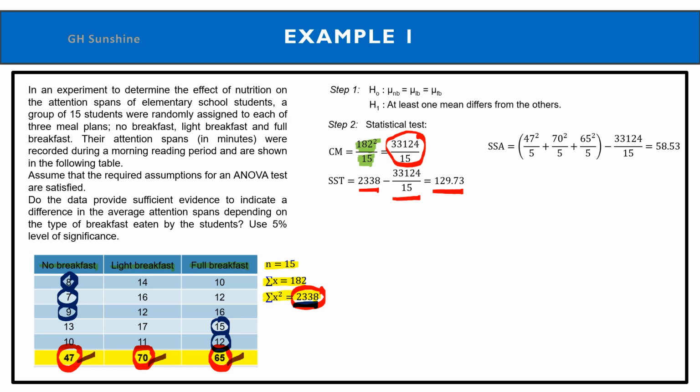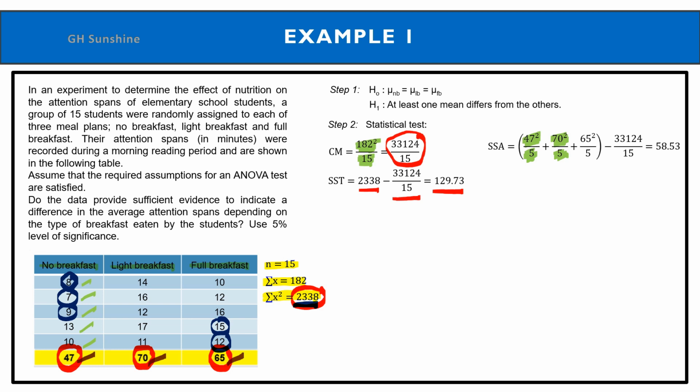Next value is SSA, based on the factor level. We have 3 different factor levels. No breakfast, 47, so 47 squared divided by the number of data of no breakfast, which is 5: 1, 2, 3, 4, 5. Then the second level, light breakfast, 70 squared divided by 5.